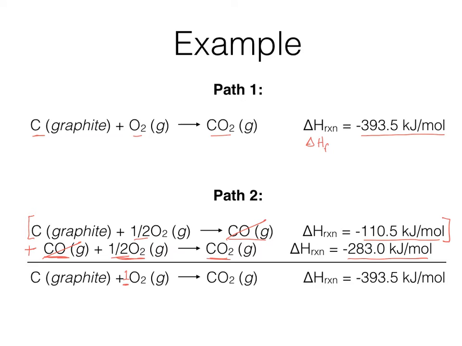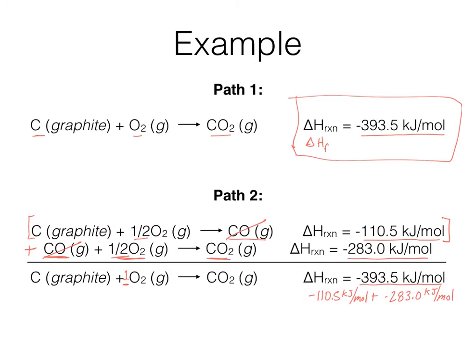This delta H of reaction is negative 110.5 kilojoules per mole plus a negative 283.0 kilojoules per mole. If you add those together, you get negative 393.5 kilojoules per mole, which is the same value that we got up here from doing this in one step.